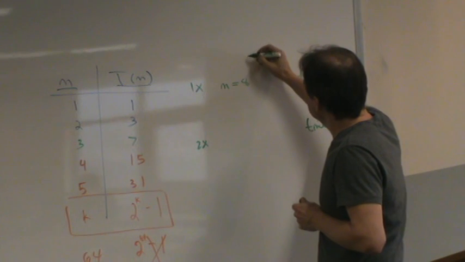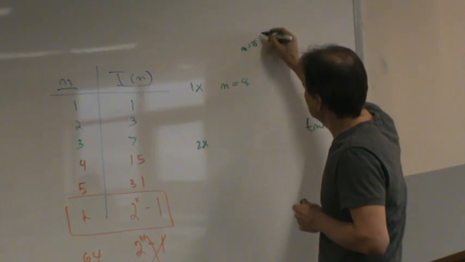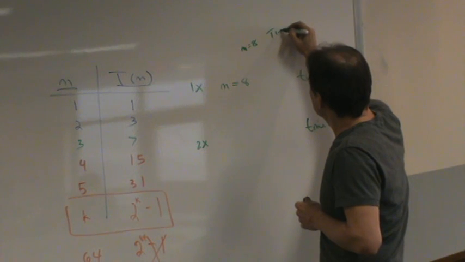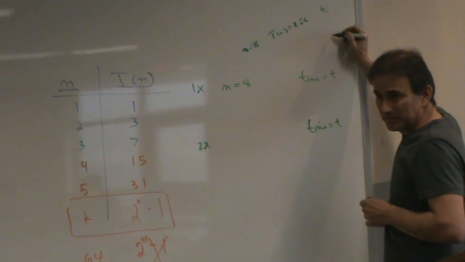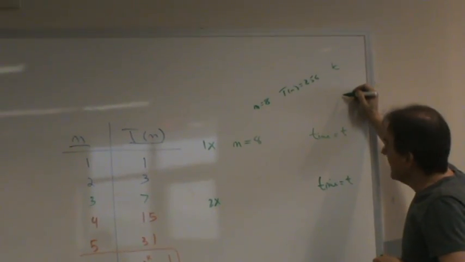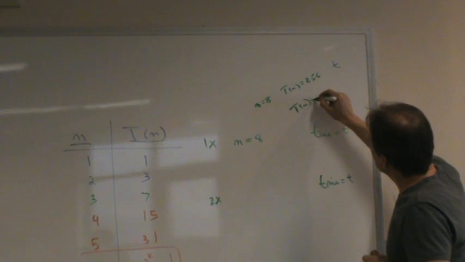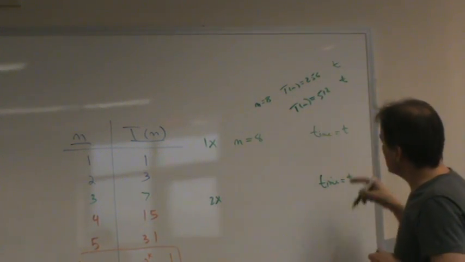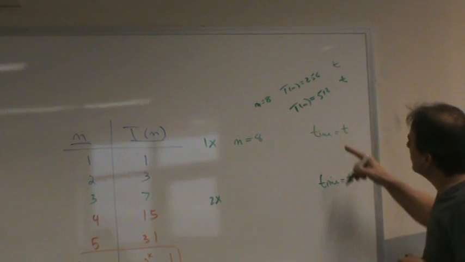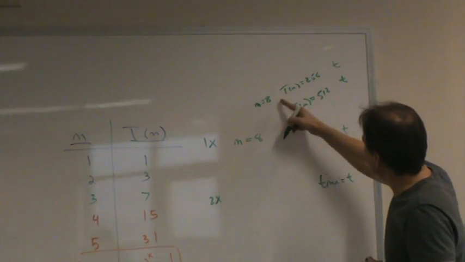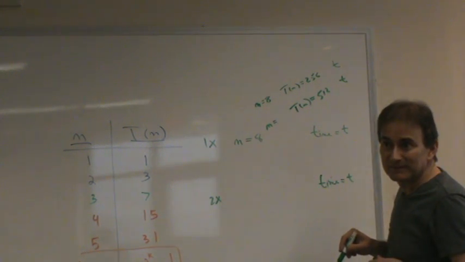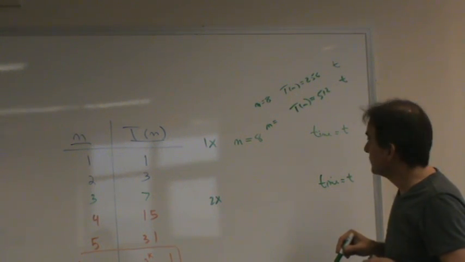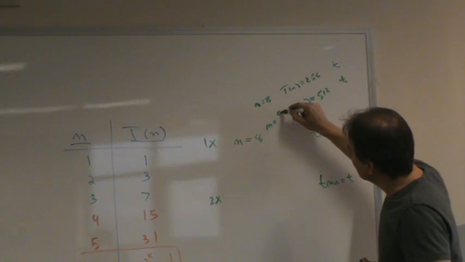So therefore, n is equal to 8, and t of n is roughly 256 in time t. Now, t of n is roughly 512 in time t because the computer has doubled speed. What's the function? It goes from here to here. So what's my answer? 9.